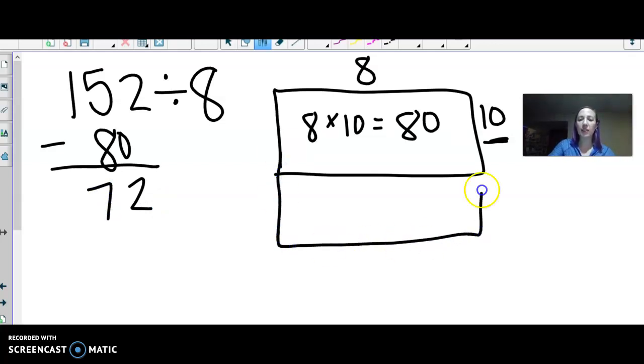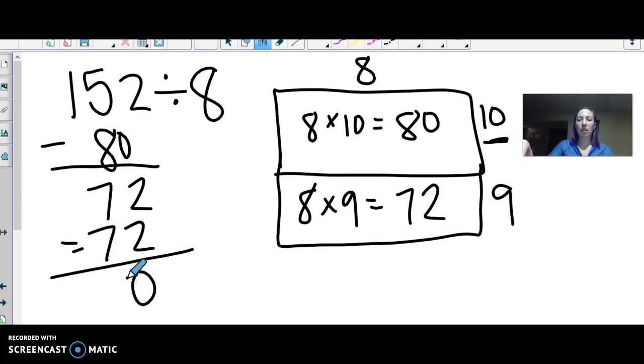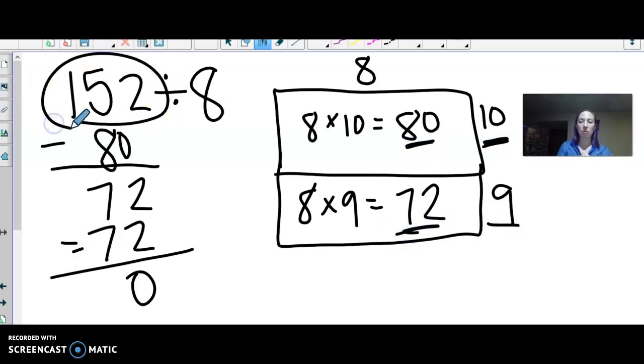I'm going to add on another box to say, okay, well, I know 8 times 9 is 72. If you look on your chart, you would find that. 8 times 9 is 72. If we subtract 72, we have nothing left. So I found my two partial quotients, right? 80 and 72 add together to get me 152.